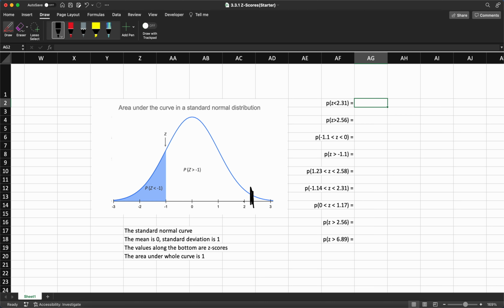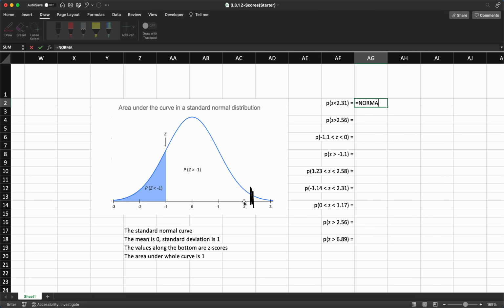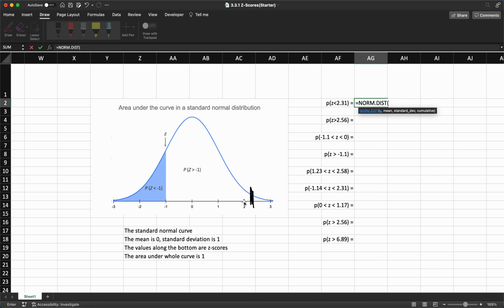So what's the formula that we're going to use to find this? Well, there's a formula called the normal distribution. So it's norm.dist. And when we start that function, you can see we get an x value. So we want an x value.